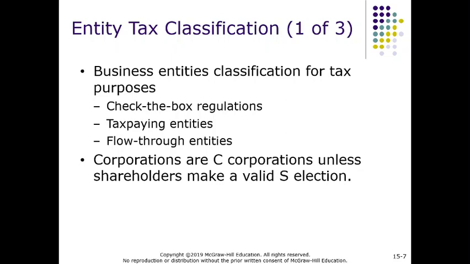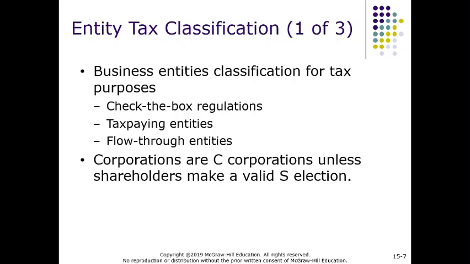Well, what if you are an unincorporated entity, meaning you're not a corporation of any type? You're one of those others. Well, by default, you're treated as a flow-through entity. However, owners of an unincorporated entity can still elect to have their business taxed as a C corporation instead of as the default flow-through entity.